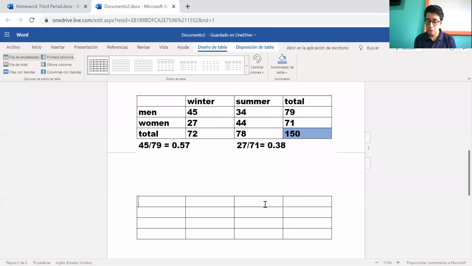200 people respond to a survey. Of those who had green eyes, 7 had blonde hair. What are the two categories we are going to have here? We are talking about eye color and hair color.